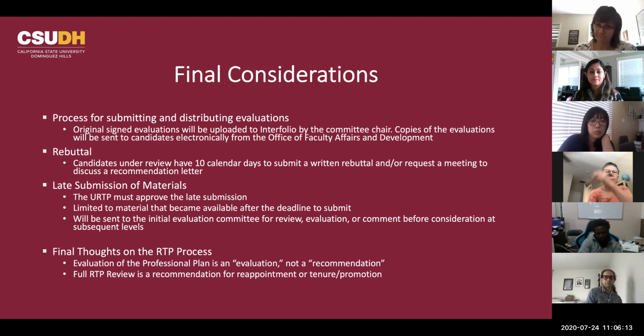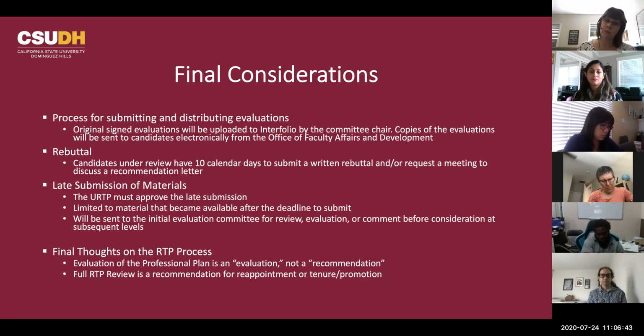Let's say you submit your file in September, and you get an article accepted after you submitted your file. We urge everyone to utilize the process for the late submission of materials, and there is a process. The university RTP committee must approve this.